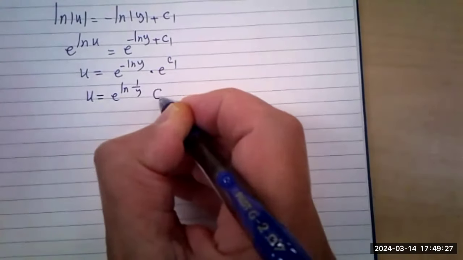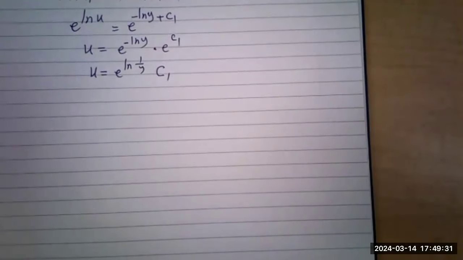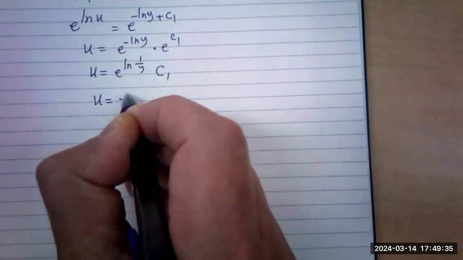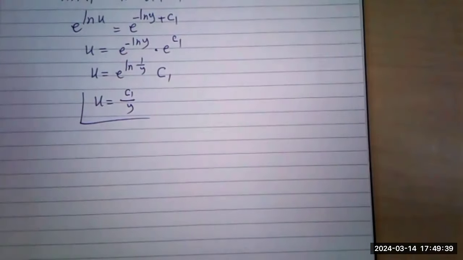And you can replace e to the c1 by c1 again, it's a constant. So that gives you u equal to c1 y. That's one choice, a trick that we can do to simplify it.